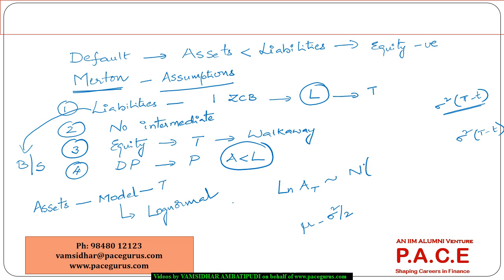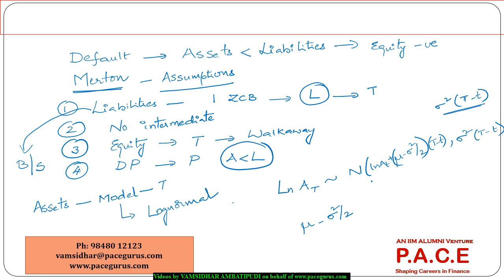Applying the same logic, it would become mu minus sigma squared by 2 times T minus t, and it is also dependent on log At, the current time period.